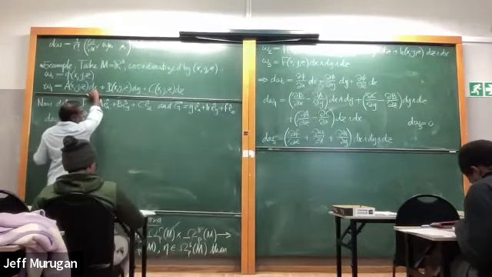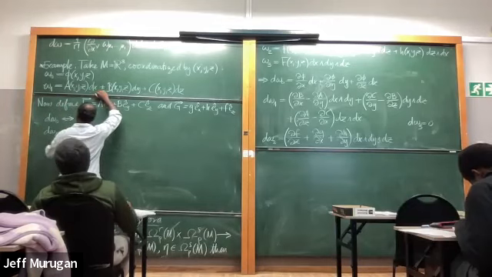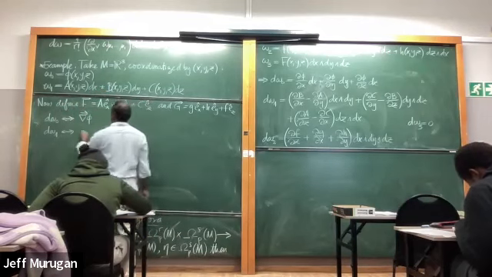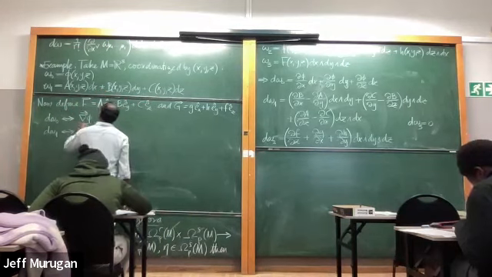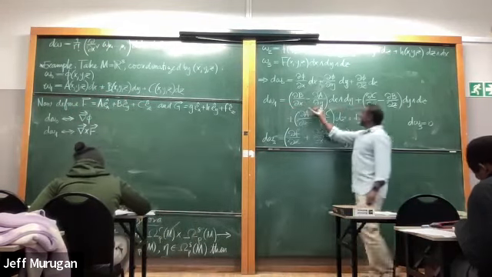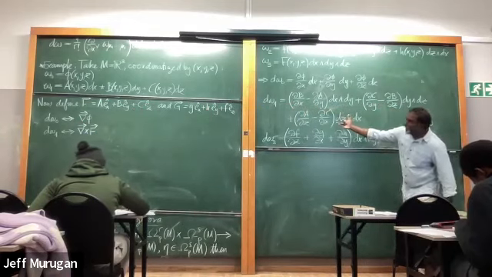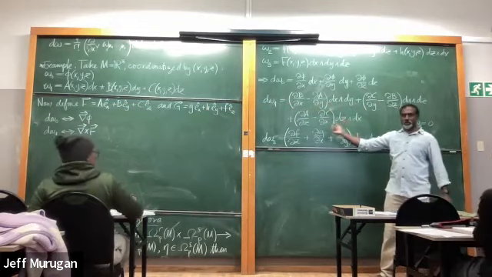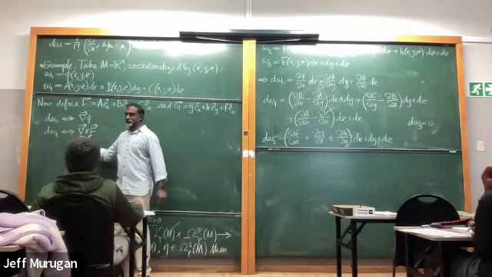Similarly, d omega 1 corresponds to the curl of F. So if I identify the components of the two form with the x, y, and z components, then d omega 1 is nothing but the curl of F.